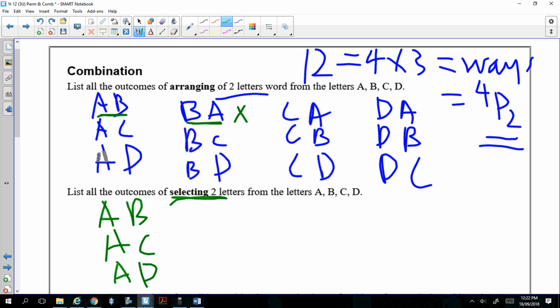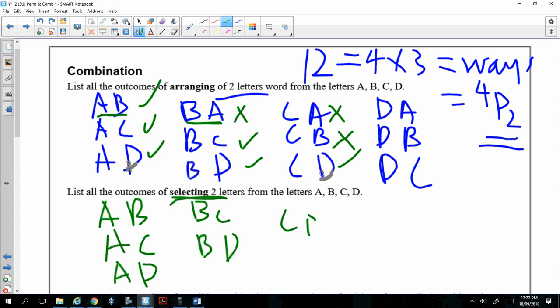CA has been done because it's the same as AC. CB has been done. CD hasn't been done. I think that's all because DA has been done, AD. DB same as BD. DC same as CD, right? So there are exactly 6 ways, and exactly half of it is not accepted.